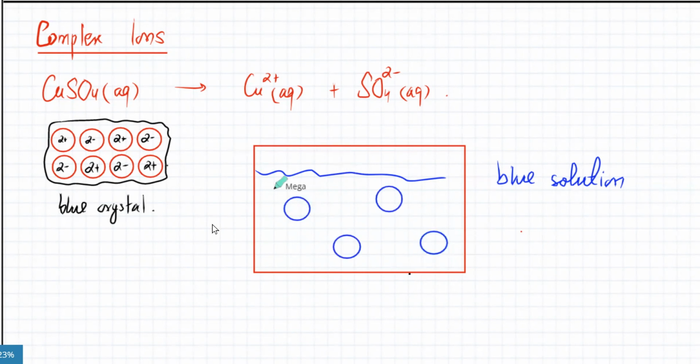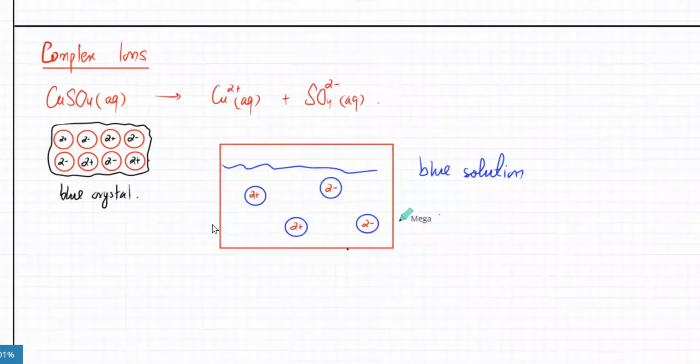So you've got 2 plus, SO4 2 minus, and 2 plus and SO4 2 minus, all randomly swimming around in water. Remember, they're in the aqueous state.